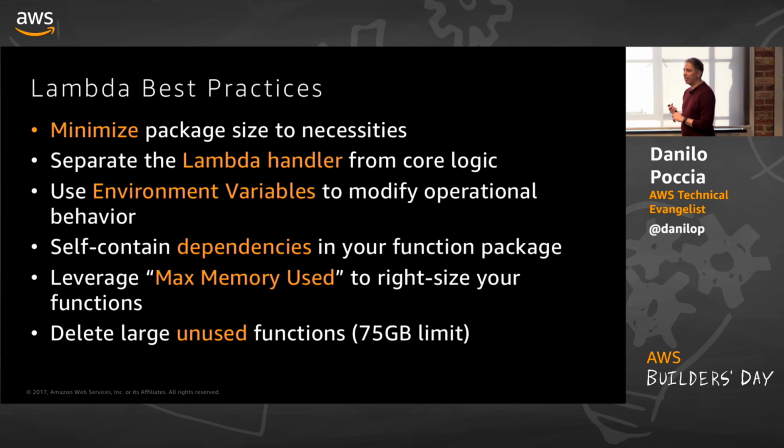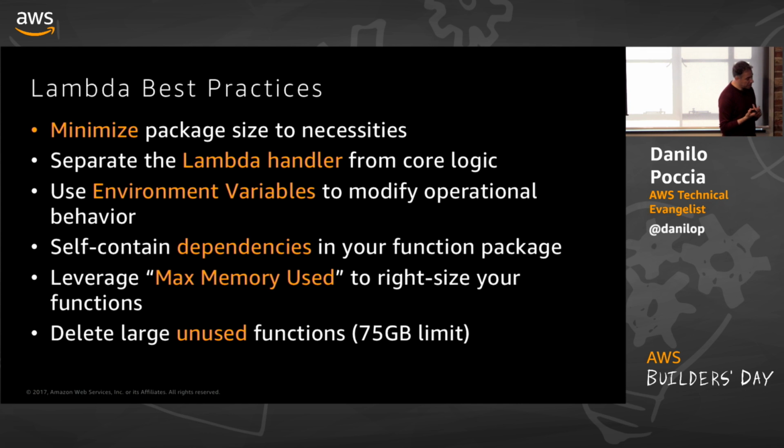Before starting, just a recap of a few best practices that I think are important. To reduce the cold start, so the time it takes to invoke Lambda when we first have to create a container, or when we scale and we have to create an additional container, try to minimize the package size and the dependencies.